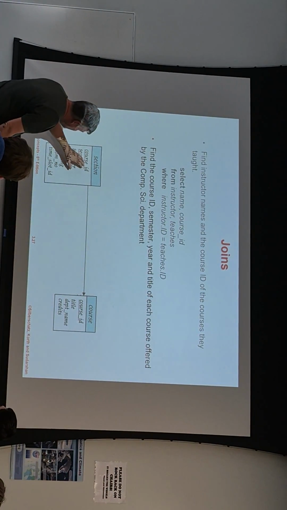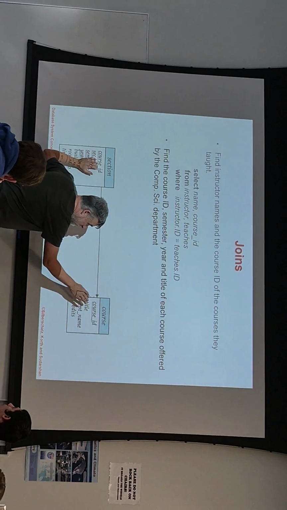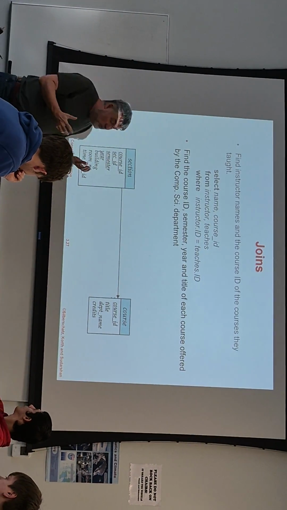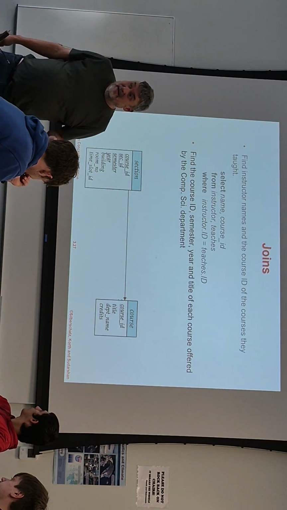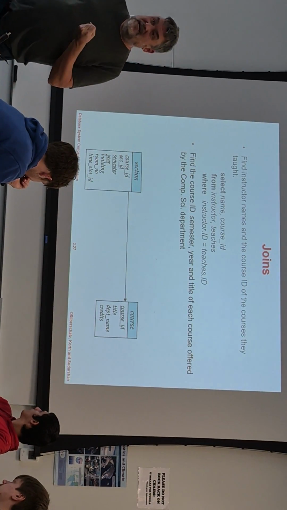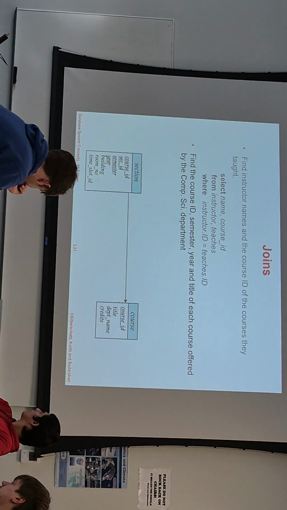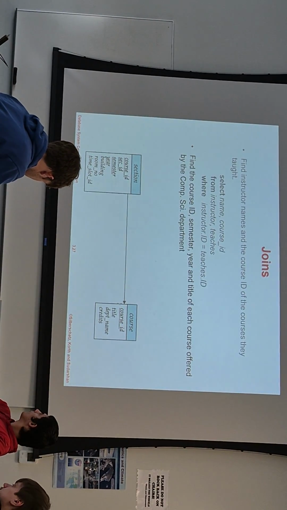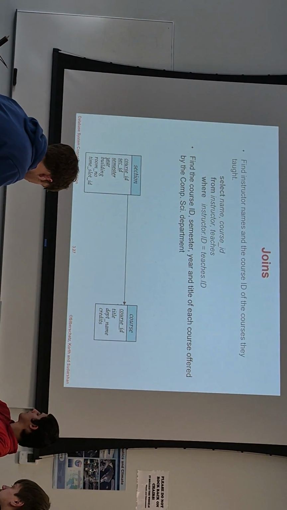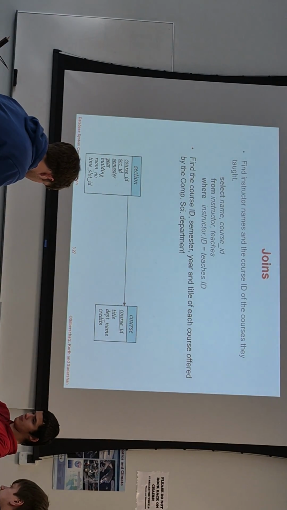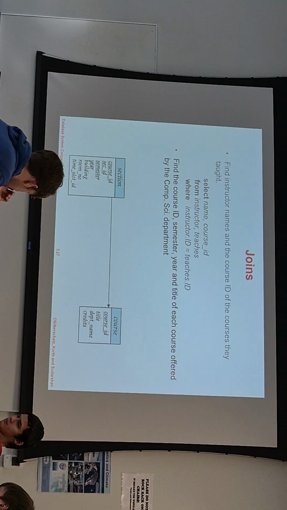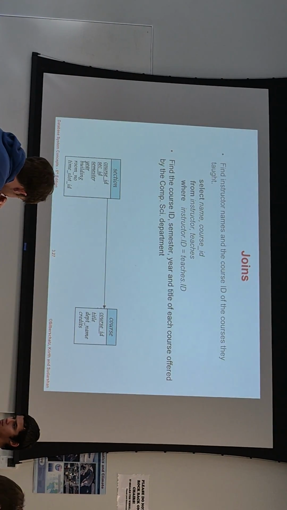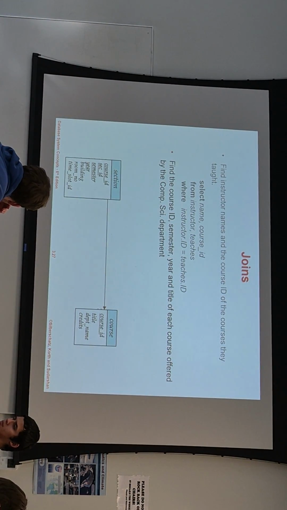That is sort of obvious just because they have the same name, but sometimes you will have fields in different tables with the same name that don't have the same data at all. And so it's nice having an arrow confirming for us that this is the case. So, find the course ID, semester, year, and title of each course offered by the computer science department. How should we approach this?